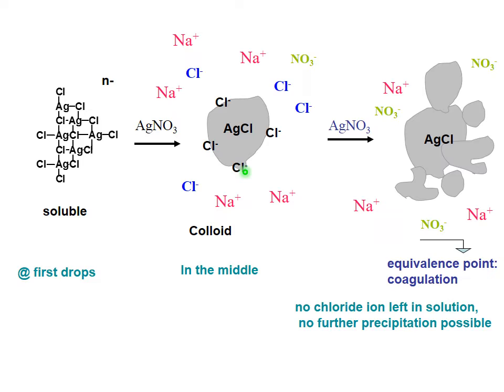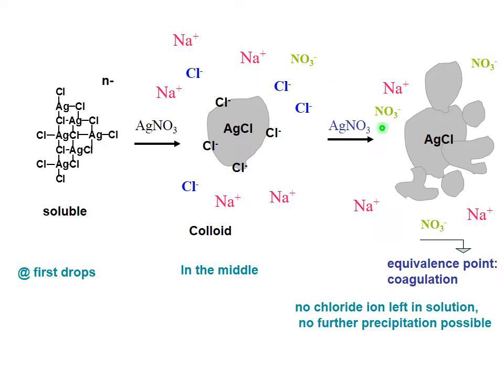Negative particles, when they collide, will repel each other. They cannot join each other because both of them have negative charge, and negative hates negative. Still, these particles are big enough so we can see the light scattered from them. Our solution is clouded.